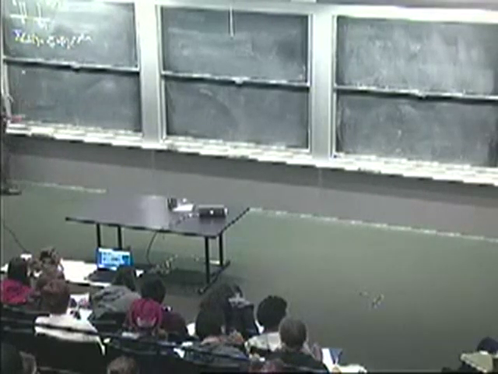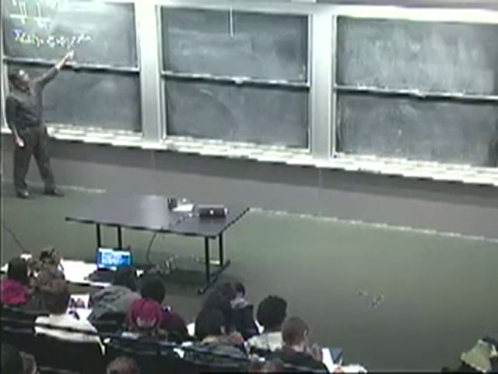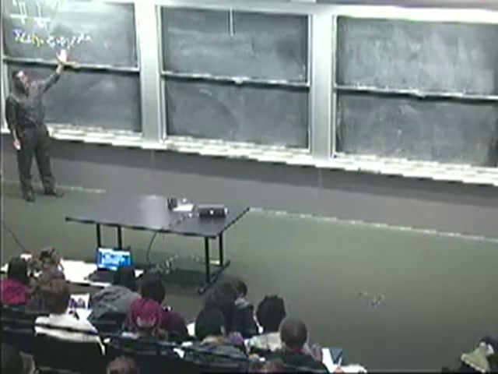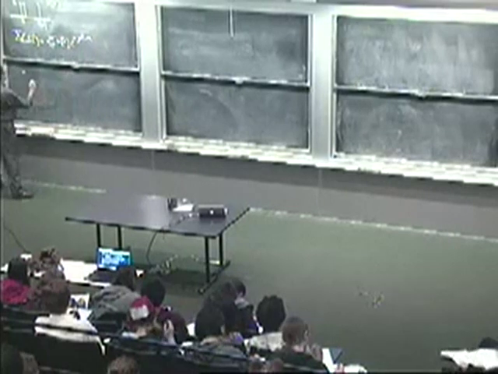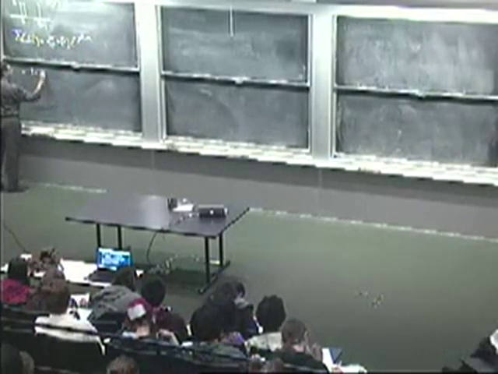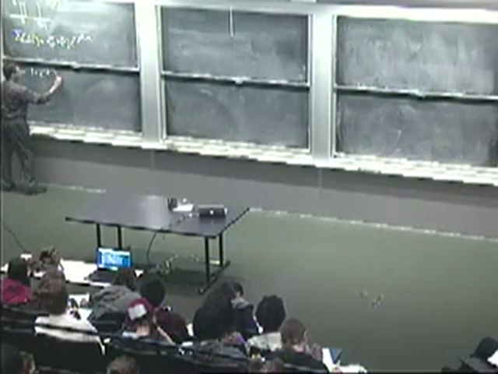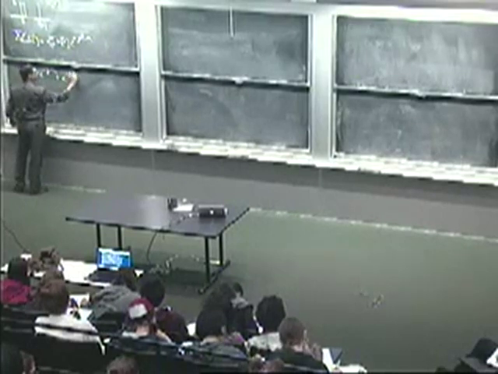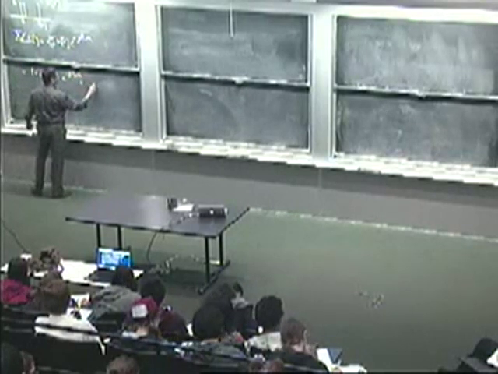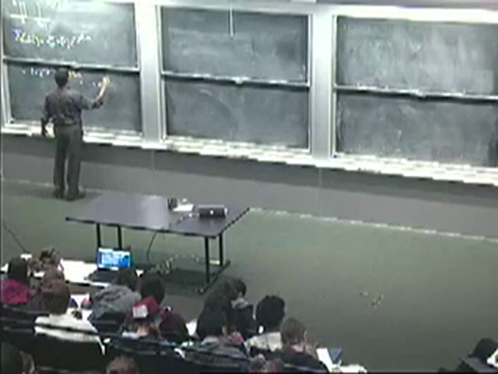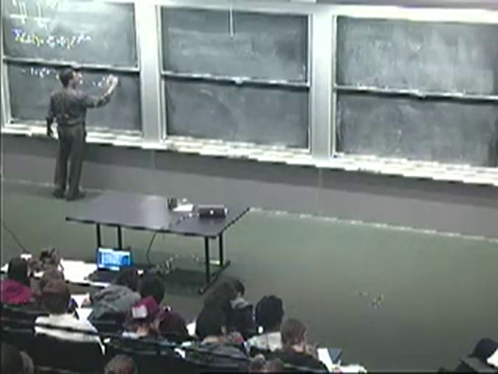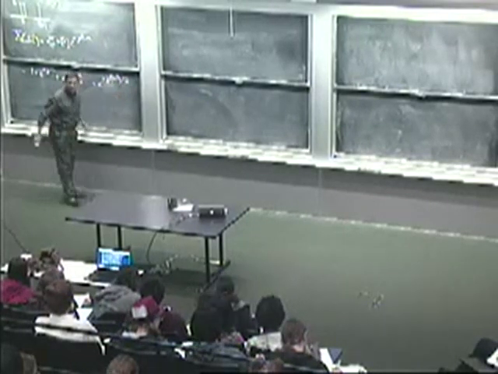So this is going to be x[0] e to the minus j omega 0 plus x[1] e to the minus j omega 1, and so on. It's going to be 1 plus e to the minus j omega plus e to the minus j 2 omega plus e to the minus j (n minus 1) omega. So that's the DTFT.